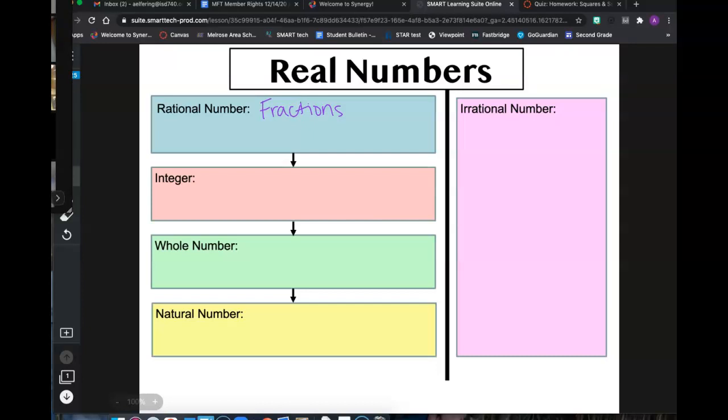Okay, now I also want you to add, it's not only fractions, it's also terminating or repeating decimals. Okay, so it's fractions, it's also terminating and repeating decimals.